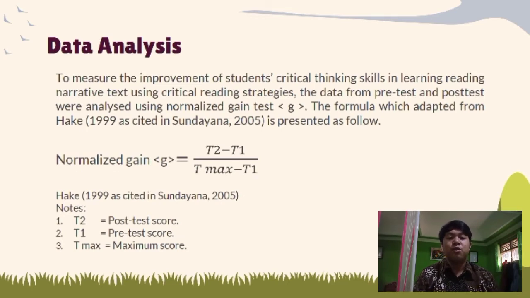Data analysis. To measure the improvement of students' critical thinking skill in learning reading narrative text using critical reading strategies, the data from the pre-test and post-test were analyzed using the normalized gain test, or g. The formula, which dates from Hake in 1999 as cited in Sundayana in 2005, is presented as follows. Look at the table below. As you can see, T2 is the post-test score, T1 is the pre-test score, and T max is the maximum score.